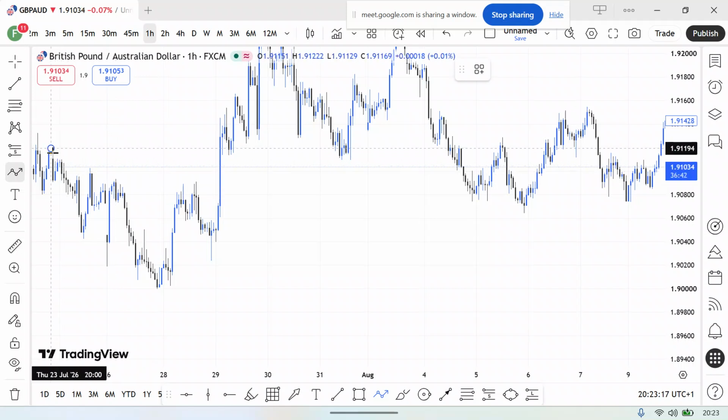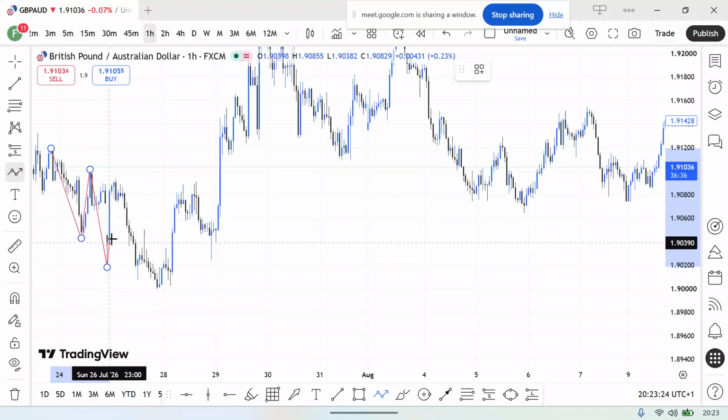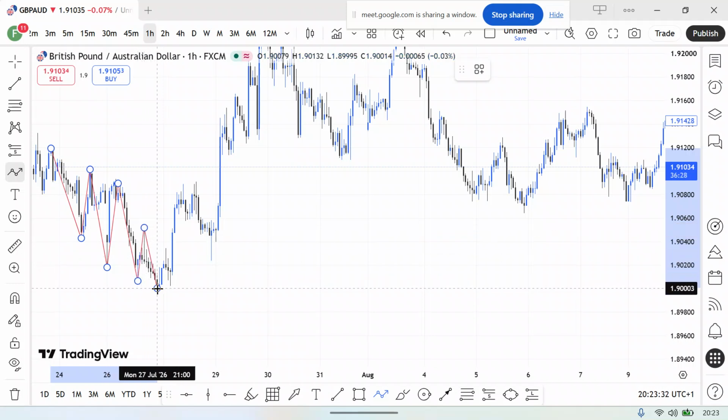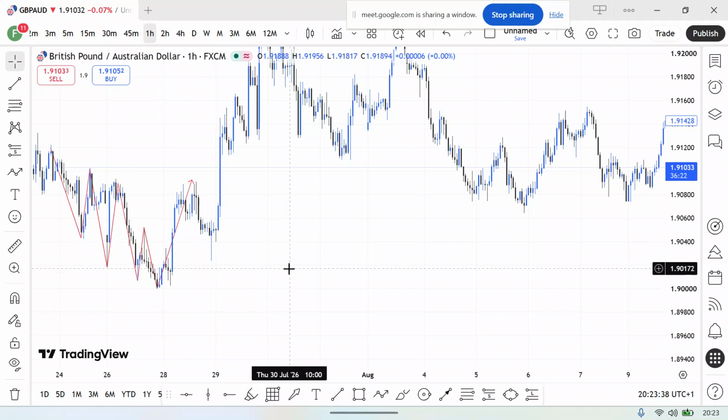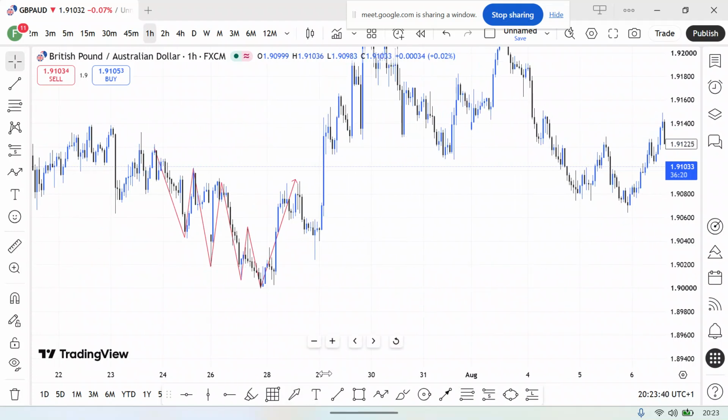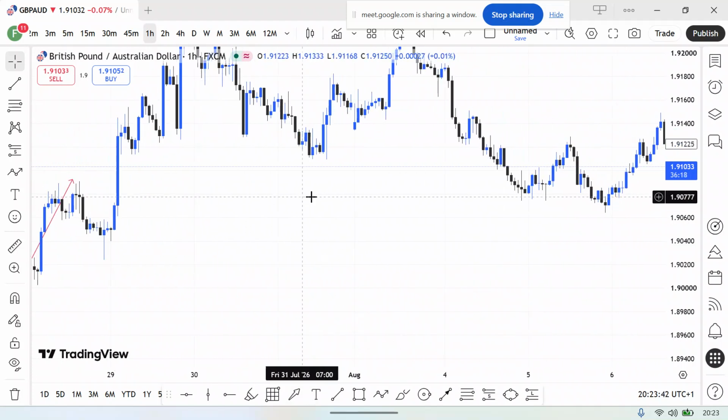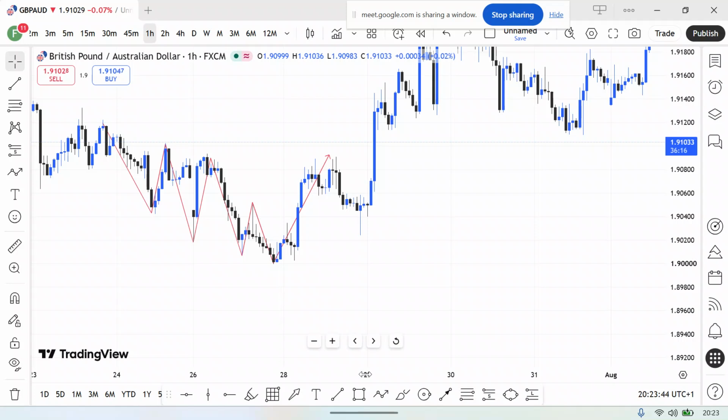Yeah. Awesome. So price was creating lower lows, lower high, lower low, lower high, lower low, lower high, lower low, and eventually price gave us a change of character. I want you guys to see it clearly.